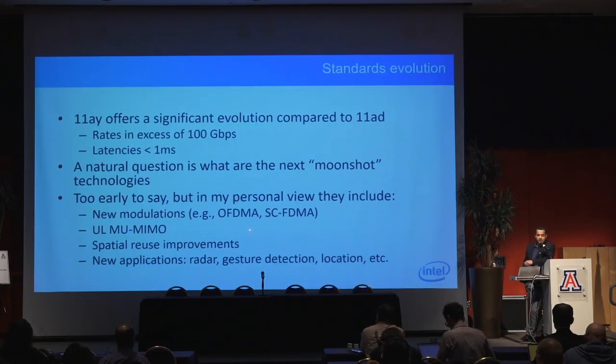There's a lot of work on OFDMA, on single carrier FDMA, uplink multi-user MIMO. That's something that we don't do in 11AY yet. We just do downlink multi-user MIMO. There is a lot of work that we can do in terms of spatial reuse improvements, things like directional carrier sense and other things. And new applications.